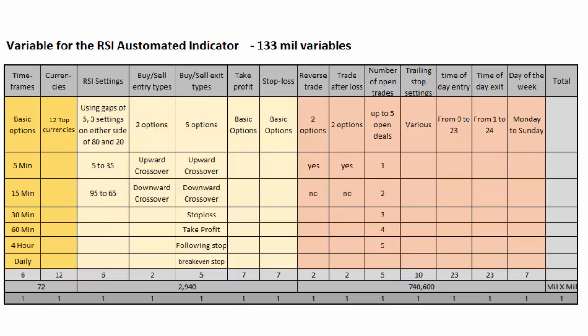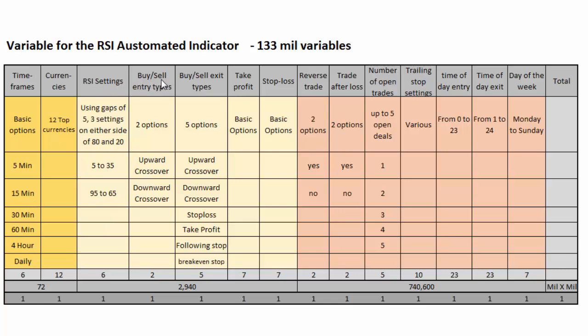So the idea is to firstly look at the options available and group them. So what I've done is I've said, okay, the time frame and currencies decision is one actually outside of the automated indicator, and therefore I've given it a sort of a dark yellow color.